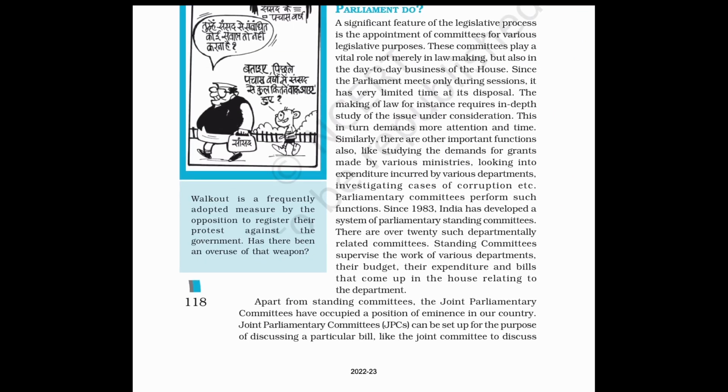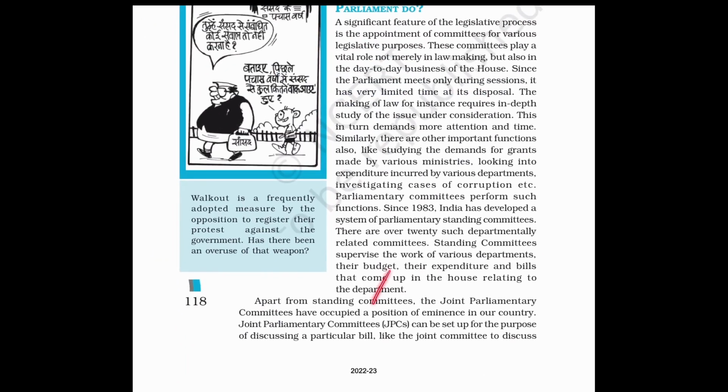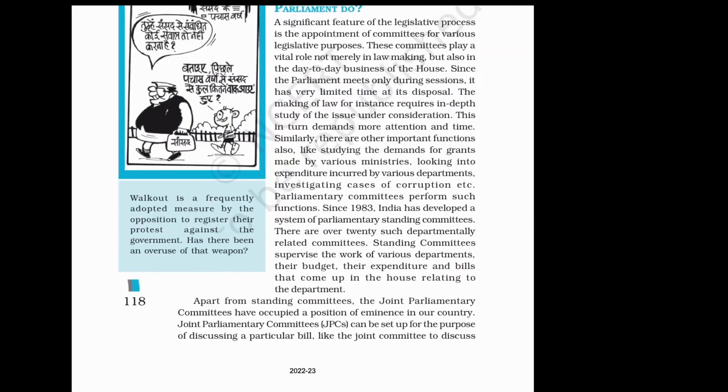ठीक है, what the committees are, how many committees, etc., हम उसको आगे डिटेल में देखेंगे. So you have different kinds of committees like standing committees, joint parliamentary committees. All of these we will see in detail later.